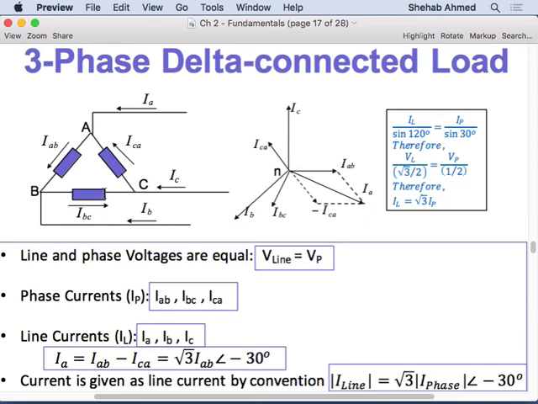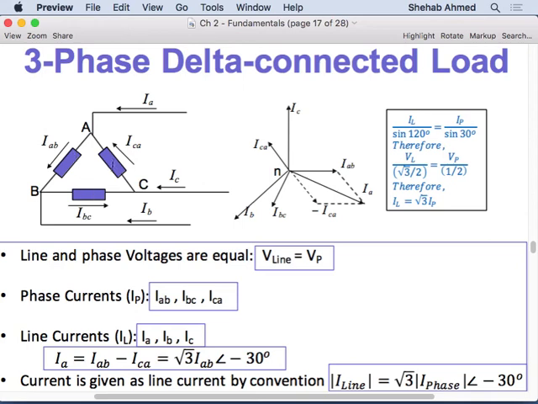Why would we want that to happen? Why would we want the line currents in the delta to all be 120 degrees apart? Let's assume these are resistors.